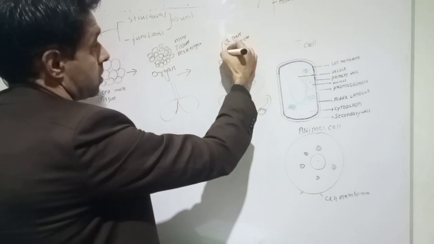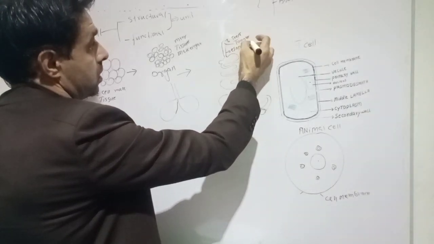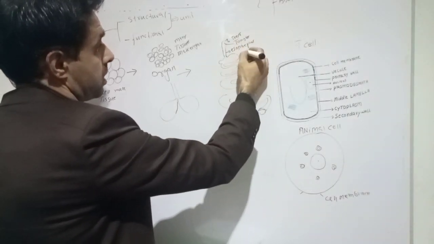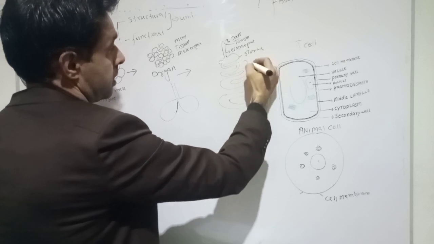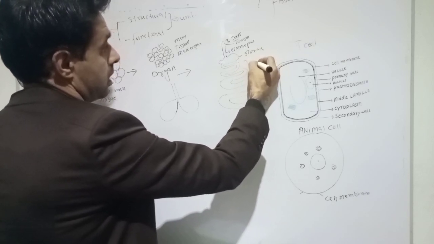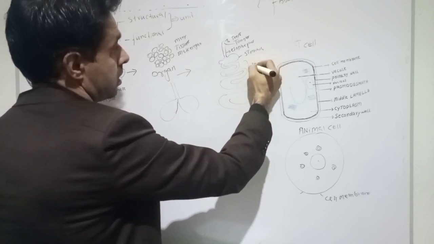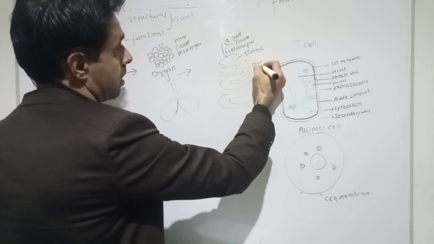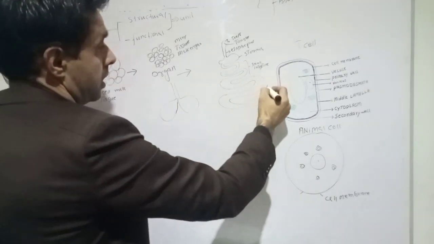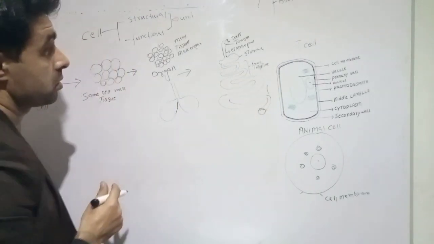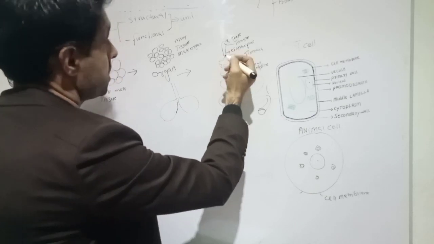Now it is going to the esophagus. Now it is the stomach. Now it is the small intestine. And this is the large intestine. There is a liver also involved in the digestive system.